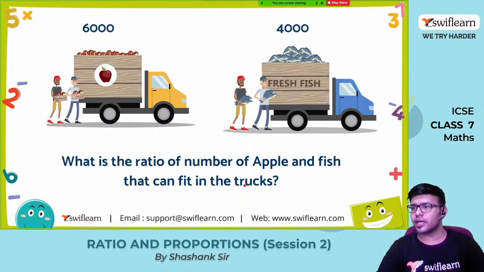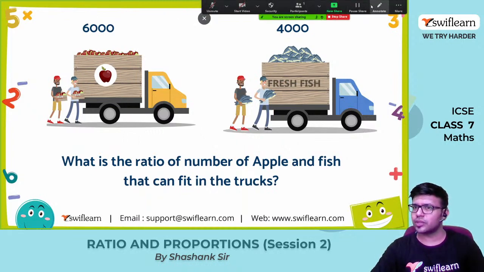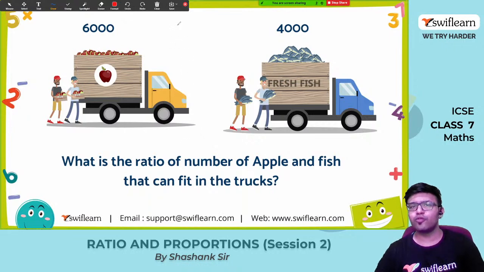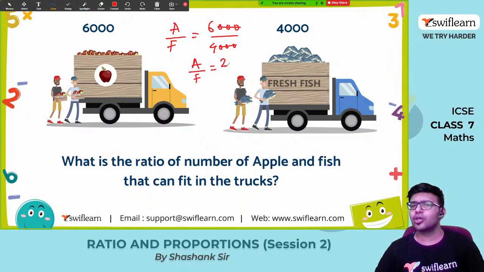Ratio of apple to fish is 6,000 by 4,000. Three zeros are cancelled. 2 2 ja 4, 2 3 ja 6. So the ratio of apple to fish is 3:2. मतलब 3 एप्पल्स की जगह 2 फिश ले सकता है इन दिस ट्रक. So this is what it means.